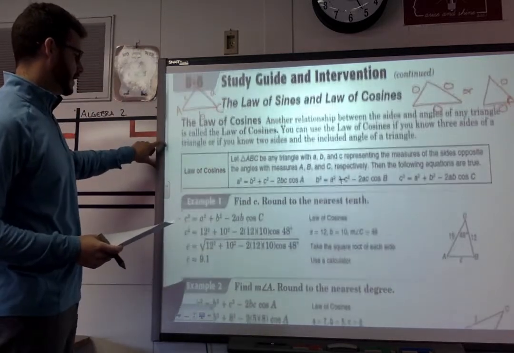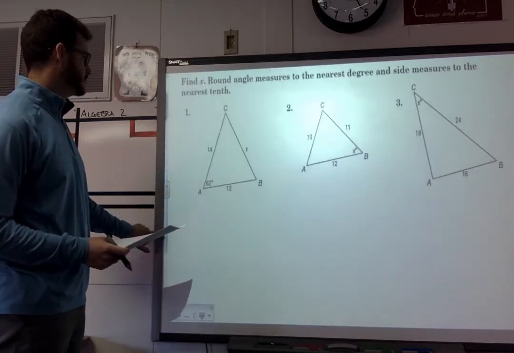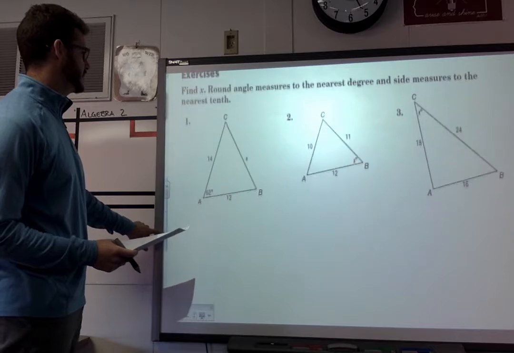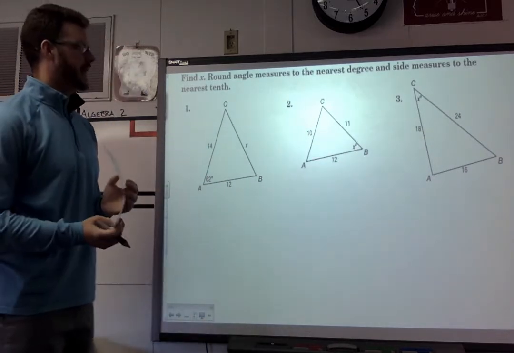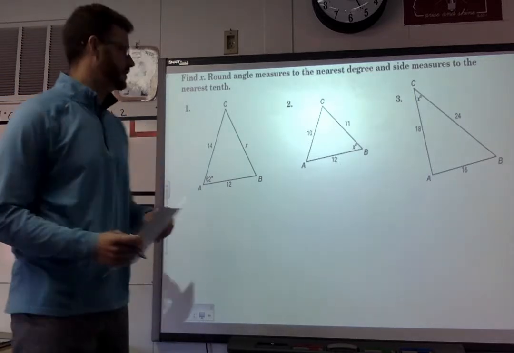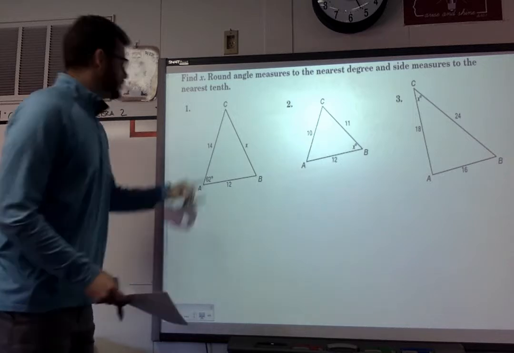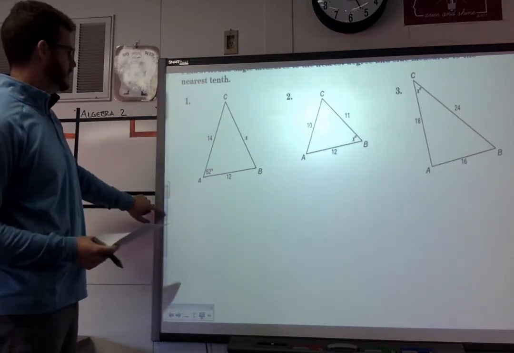So, again, I'm going to skip their couple of examples and just get into a couple here that I'll explain as I go along. So we are supposed to find x, round angle measures to the nearest degree, and side measures to the nearest tenth. So for number 1 here, we're finding a missing side.